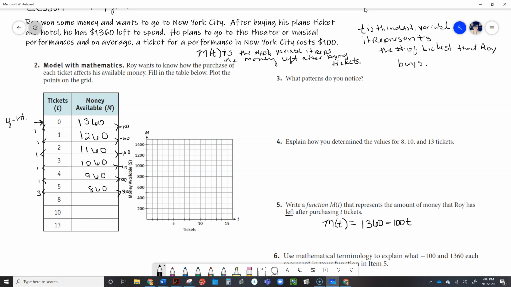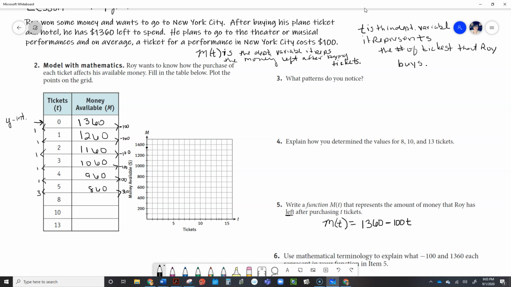Another way you could do it is, since we don't want to wait before we get to this point right here, let's plot these points first. Let's go to 1,000. $1,360 is going to be somewhere right around there. And we're going to talk about this graph because we don't have a title for it.